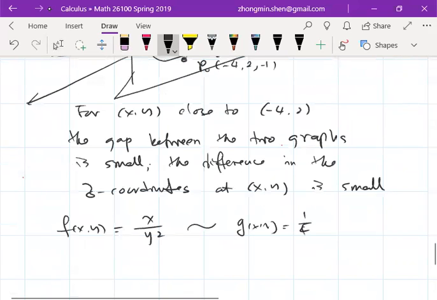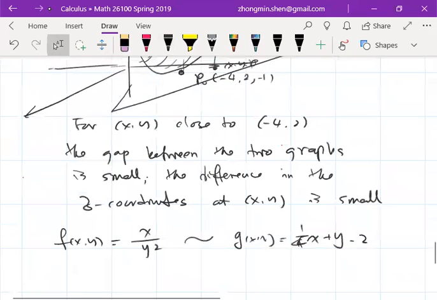So that means this strange function x over y squared, if x, y is close to -4 and 2, should be close to the linear function's value.